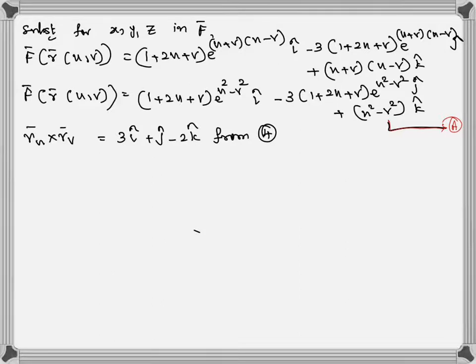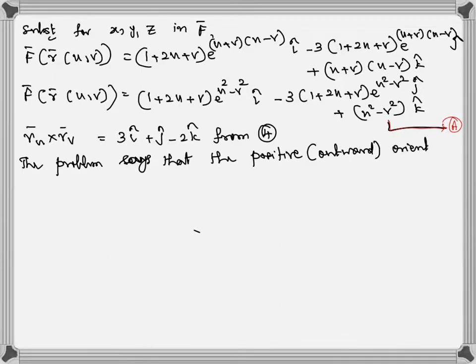So we have to take the dot product of these two now for the integrand. The problem says that the positive orientation means outward normal. Positive orientation must be used. But if you notice, R_u cross R_v, which gives the normal to the surface, has a negative z component.